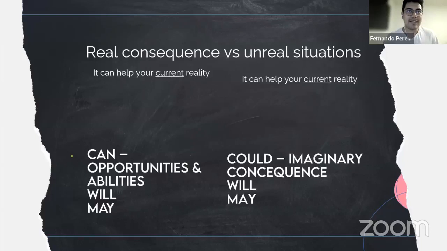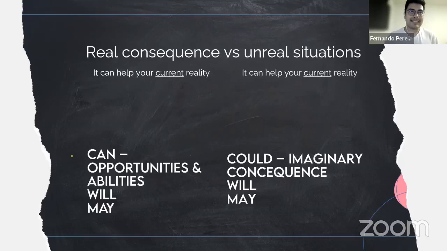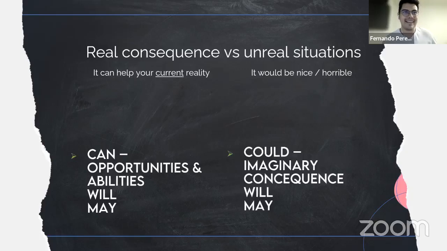Unreal would be, it would be nice, or horrible. But our life is not relevant for number two. Now you get the point, right?